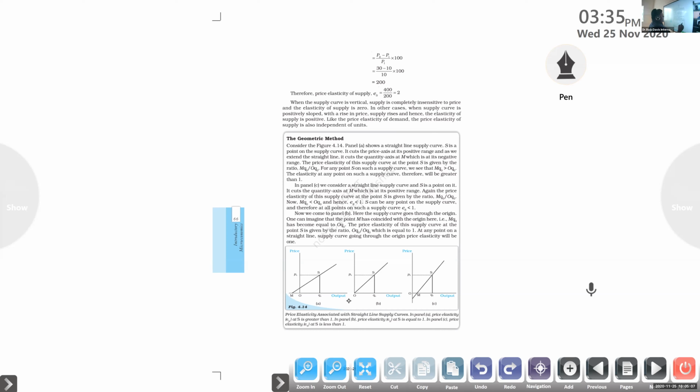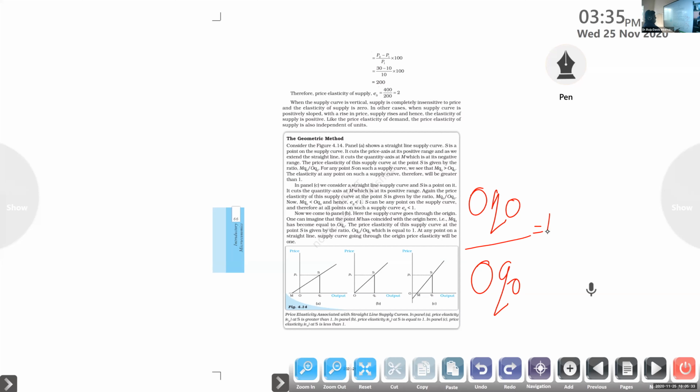So OQ0 divided by OQ0 is equal to 1. At any point on a straight line supply curve going through the origin, price elasticity will be 1.